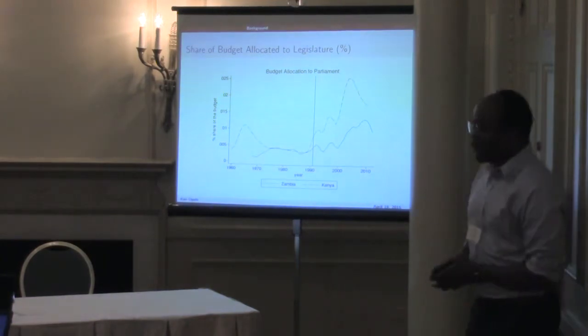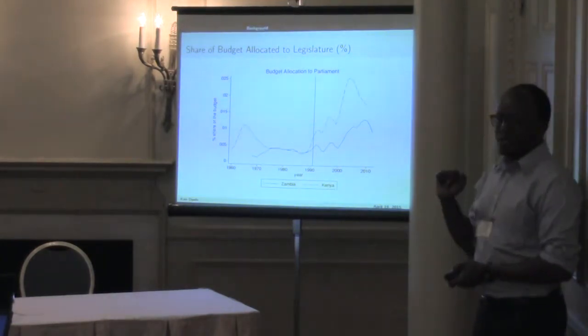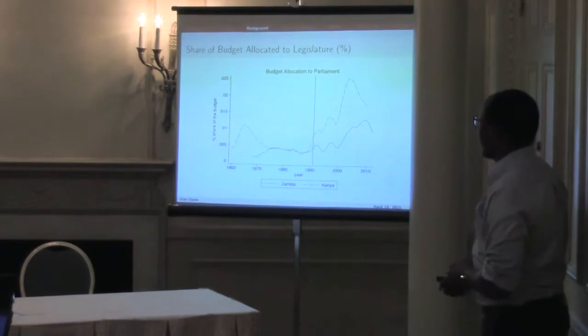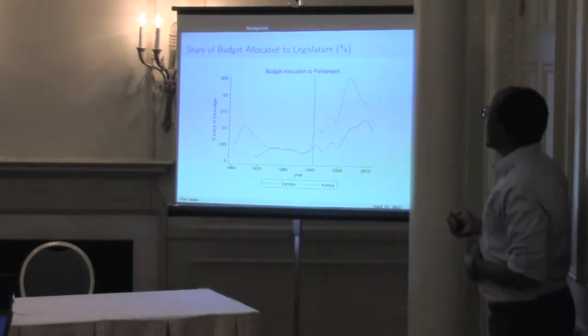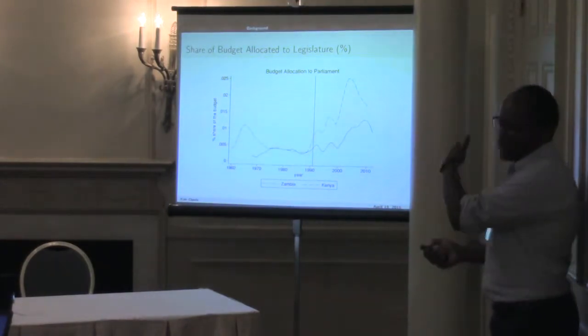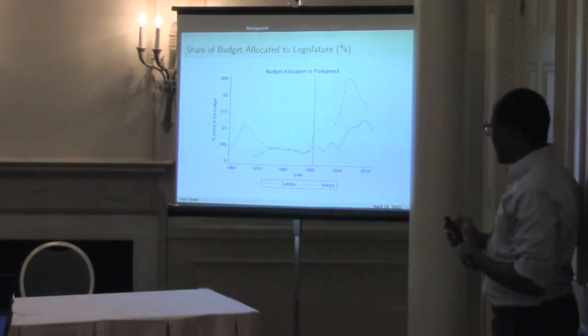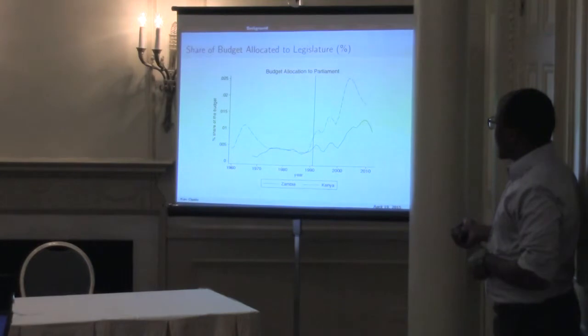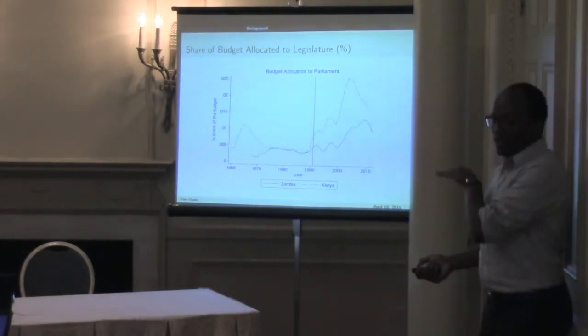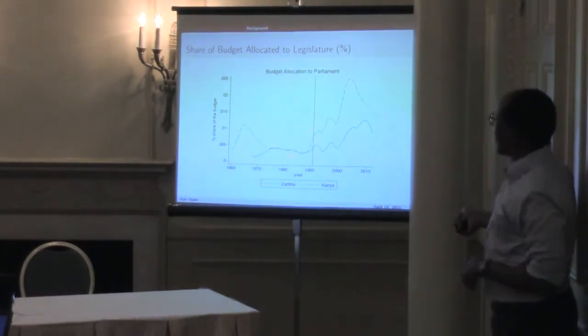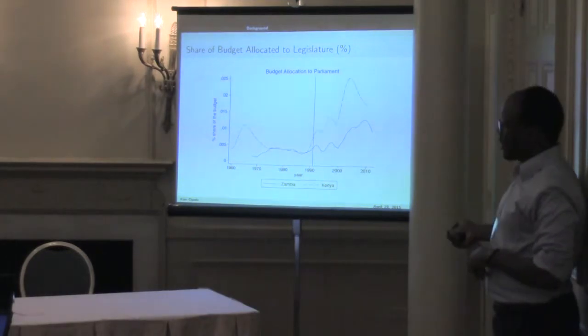And to show you the divergence that I'm talking about beginning in the early 1990s, if you look at the budget allocation to parliament, this gets at things like staff, remuneration of members of parliament, etc. They look pretty similar, and this is in 2005 dollars. And then, beginning in the early 1990s, there's this rapid acceleration in Kenya.